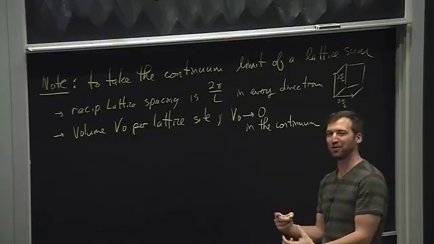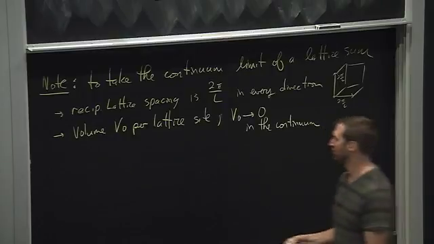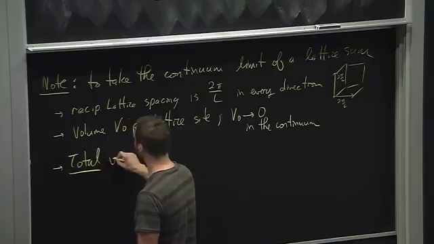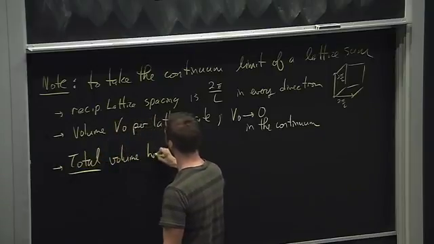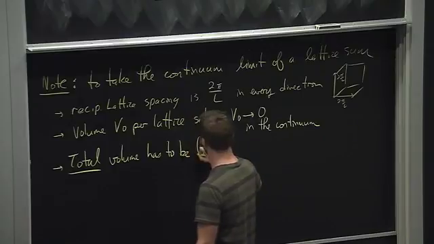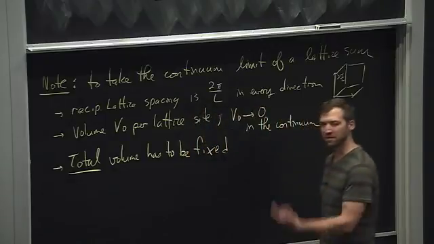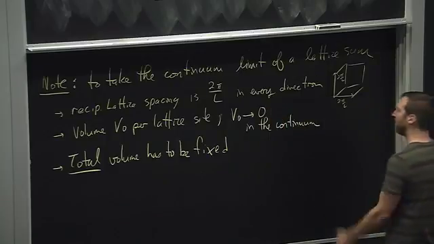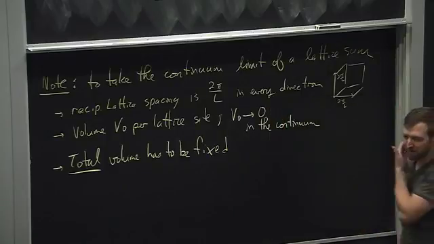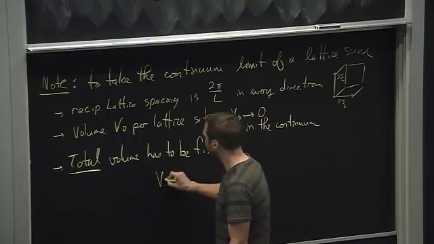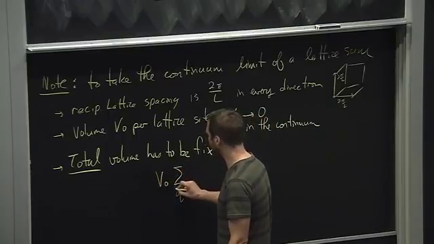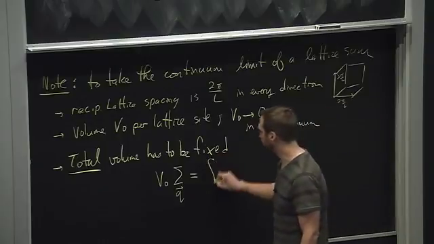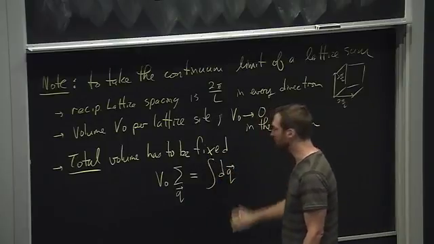You're not shrinking your sample down to 0. I always forget how to do this. So you have reciprocal lattice spacing, which defines a volume. The total volume has to be fixed, so that V naught, say in Q space, times the sum goes to the integral, d cubed Q.